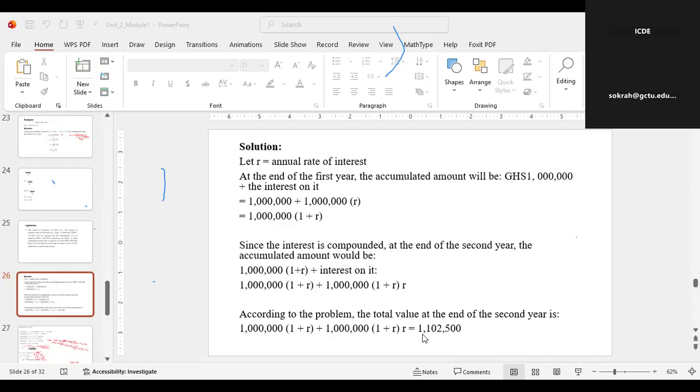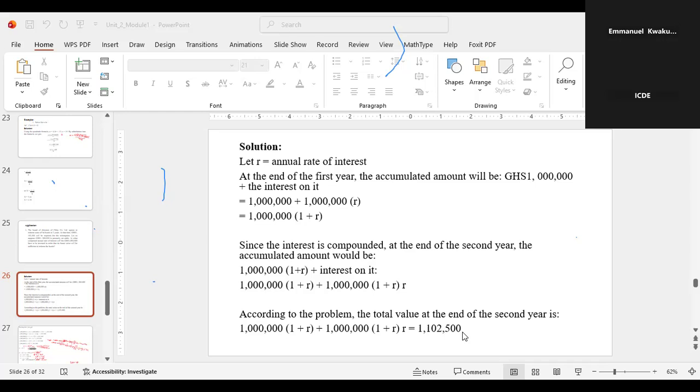The question told us that at the end of the second year, the company will be able to redeem a total of 1,102,500 cedis.